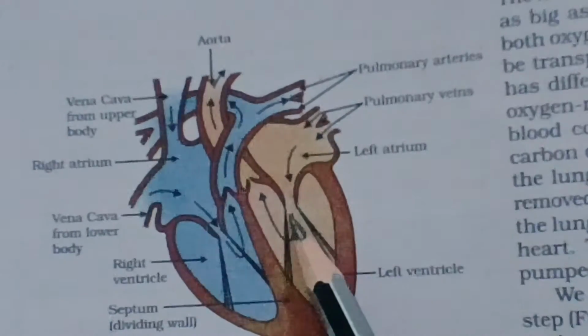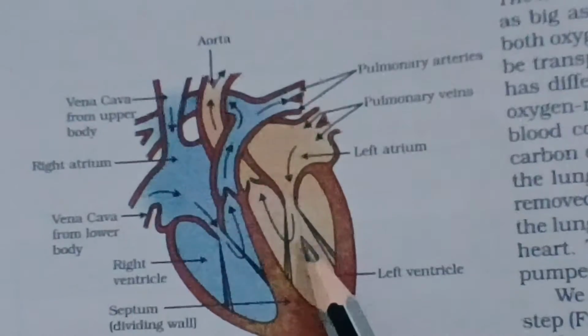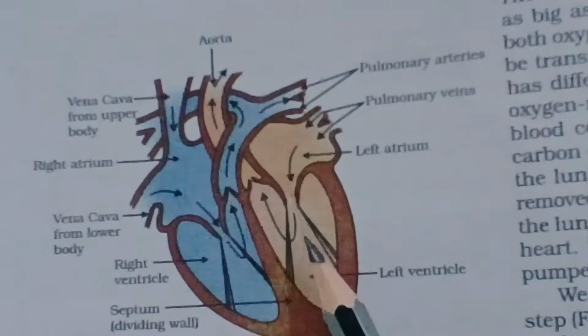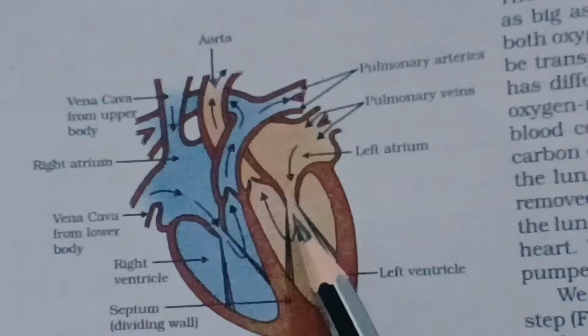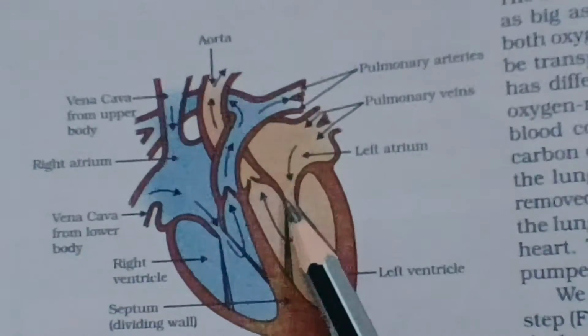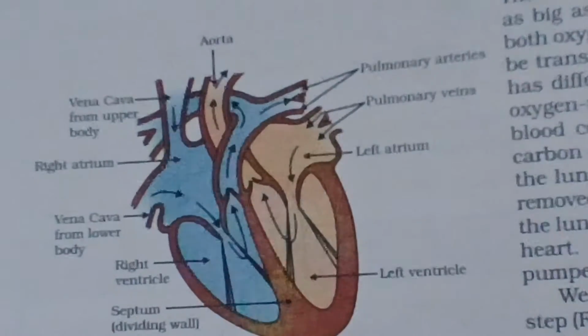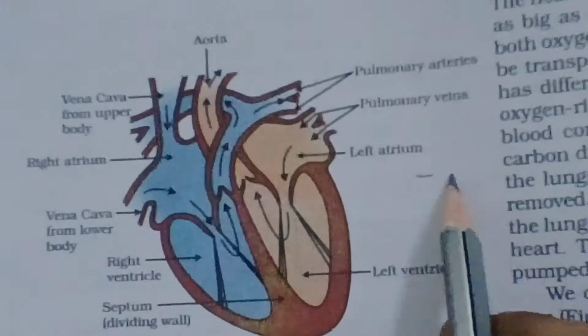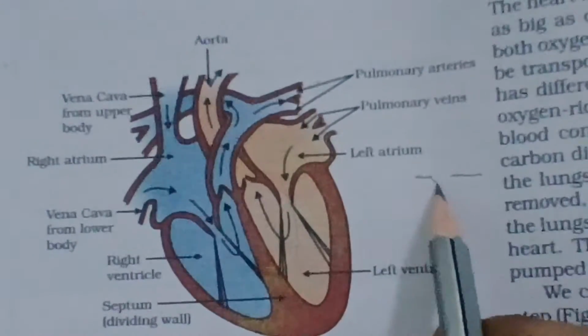These walls are present. The main purpose of this wall is to avoid the backflow of the blood. Once it enters, it will close, right? See how, for example, I'm just showing.